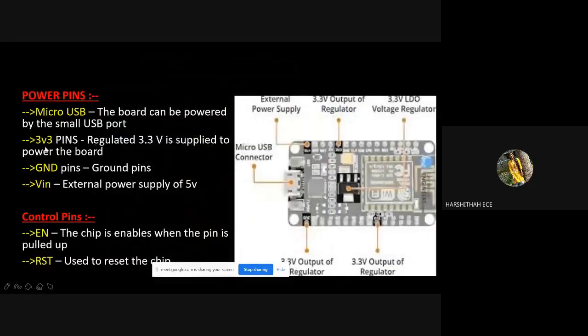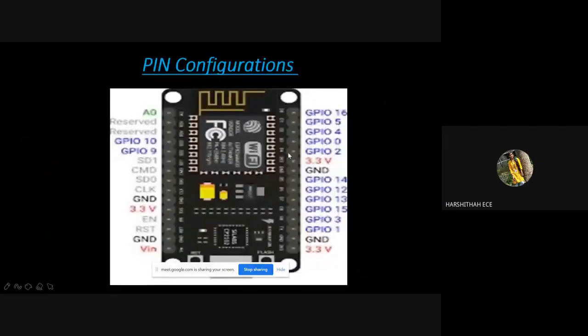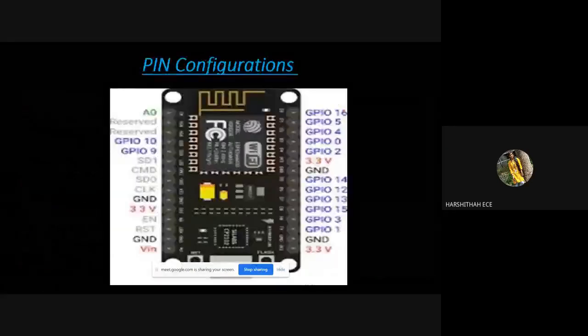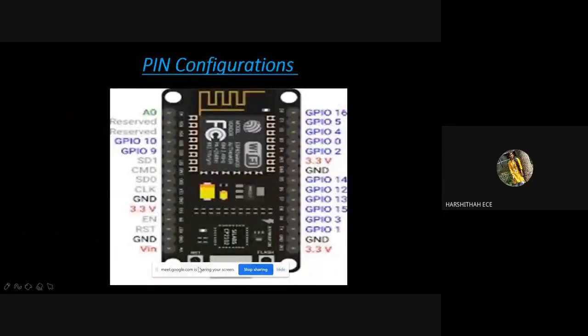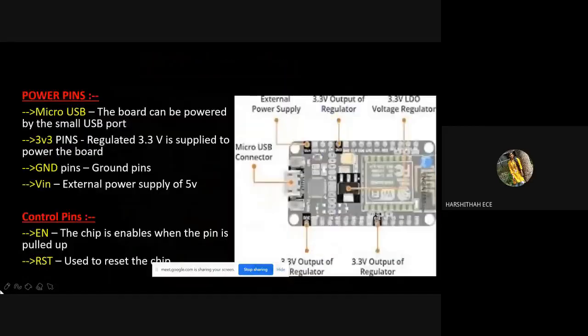You have 3V3 pins and ground pins, some 4 to 5 ground pins, and control pins, which are basically used to restart your NodeMCU or to enable your board. The EN here is the enable pin. On your left side you can see the EN pin, and the reset pin is here. This one is your reset pin.